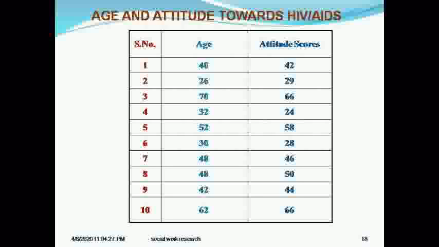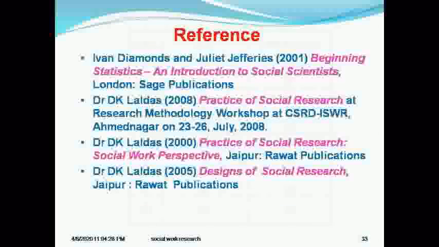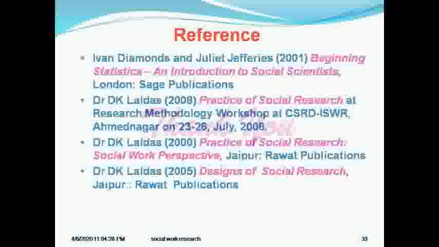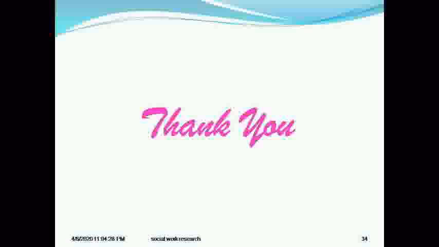We will use SPSS to estimate the correlation coefficient, which I will be explaining later. There is use of SPSS for various statistical procedures. So the calculation of correlation coefficient will be explained along with SPSS.